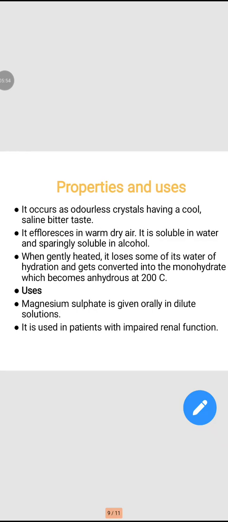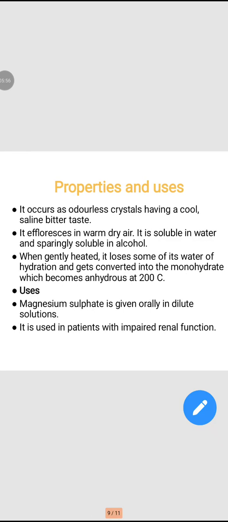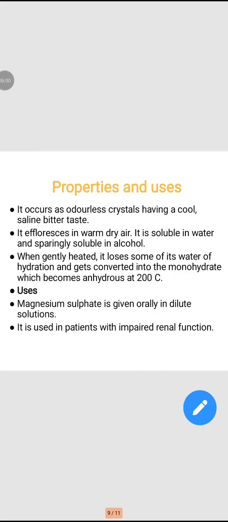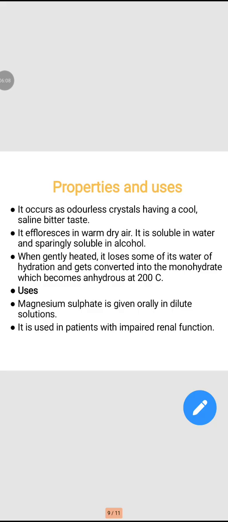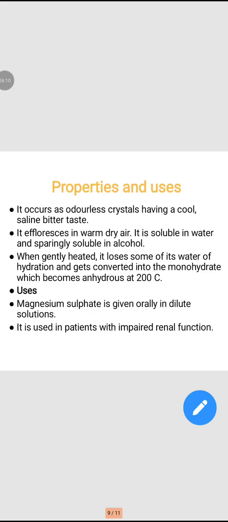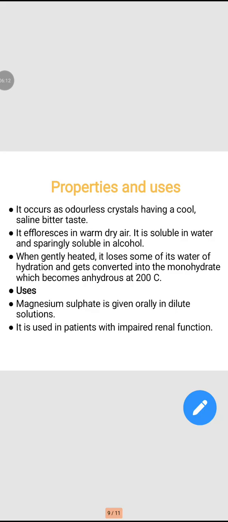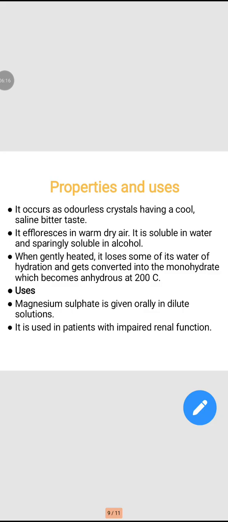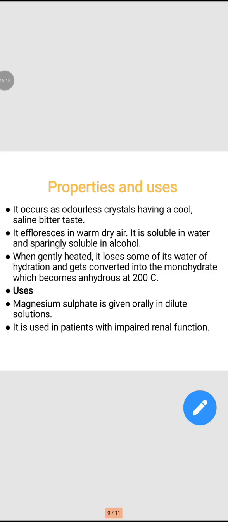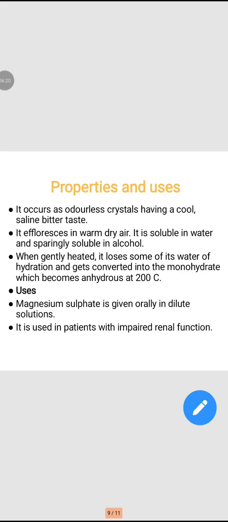Then properties. It occurs as colorless crystals having a cool, saline, bitter taste. It effloresces in warm, dry air. It is soluble in water and sparingly soluble in alcohol. When gently heated, it loses some of its water of hydration and is converted into the monohydrate, MgSO4·H2O, which becomes anhydrous MgSO4 at 200 degrees Celsius.